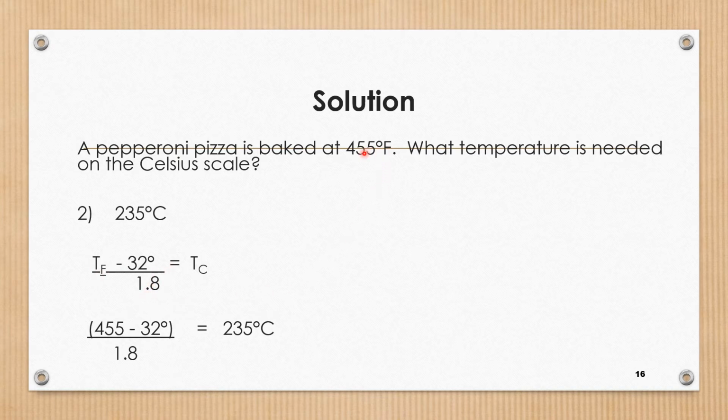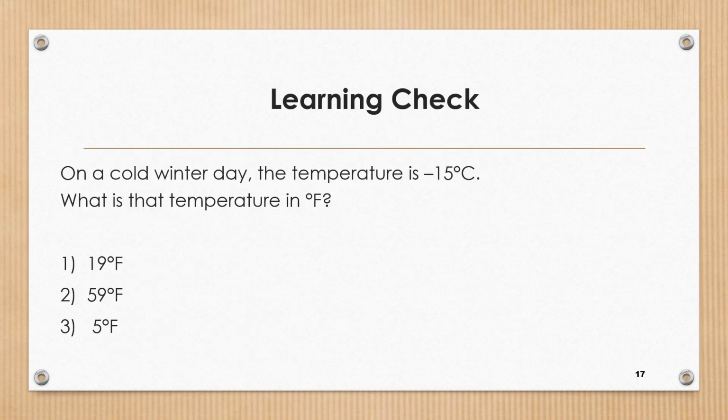So we have 455 minus 32, that is 423, divided by 1.8. So the answer is 235 degrees Celsius. So this is correct.